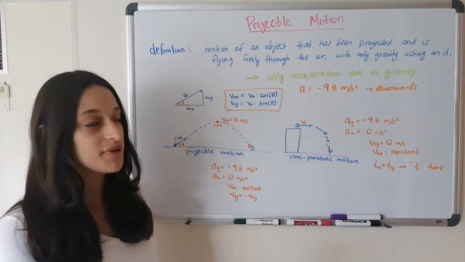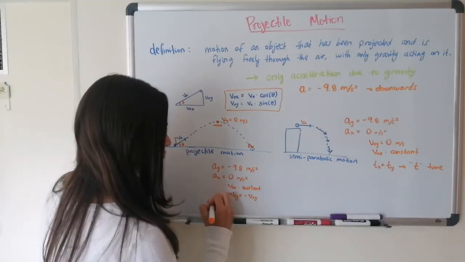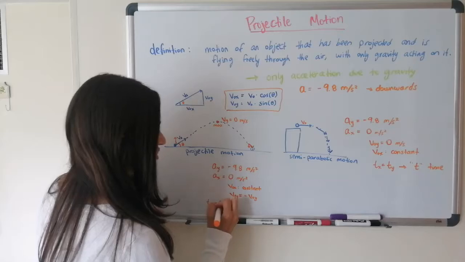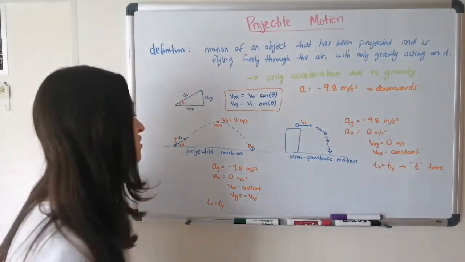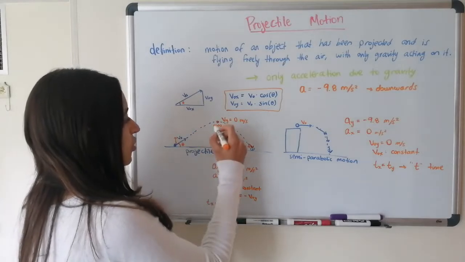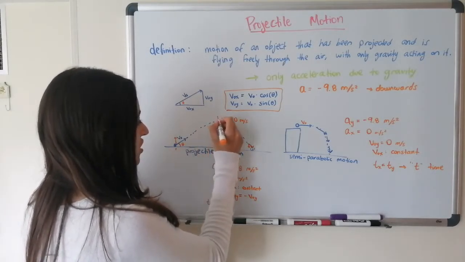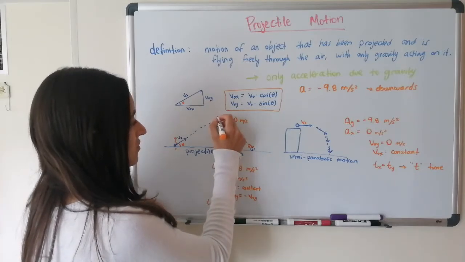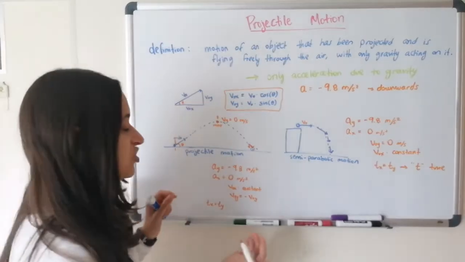Now, another thing to remember, as happened in semi-parabolic motion, there's no tx and ty because they would just be exactly the same. But an interesting thing that happens in projectile motion is that the time that it takes to go up, the time from here to here, is exactly the same time as it takes from here to here, because it's a mirror image of each other.